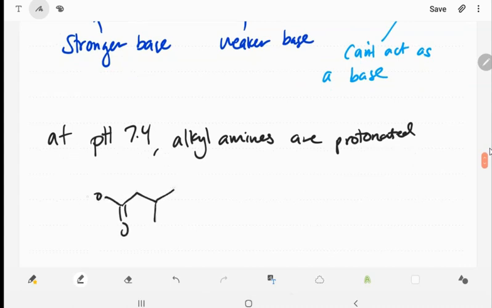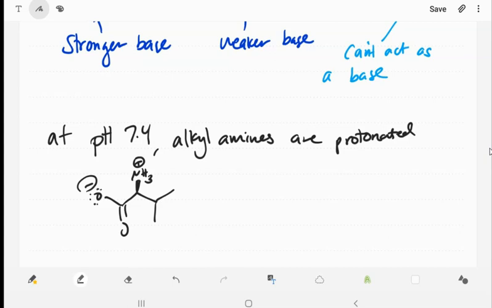Valine. Oops, this should definitely be protonated. We're going to see that amino acids, like this alkylamine, this valine, which I don't remember if it's a wedge or dash, I'm going to go ahead and say a wedge, but I don't remember. So just keep in mind, in biological systems, these will be protonated already.